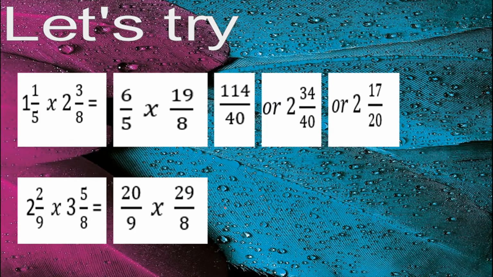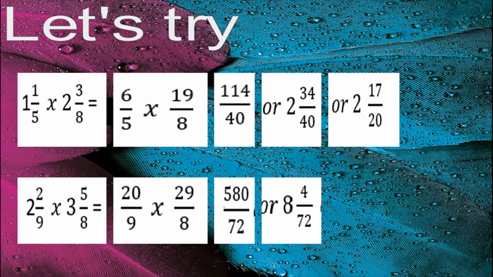After that, I can now multiply top times top and bottom times bottom. For this one, 20 times 29, we have 580, and 9 times 8, the answer is 72. Since our answer is still an improper fraction, I'm going to divide 580 by 72.